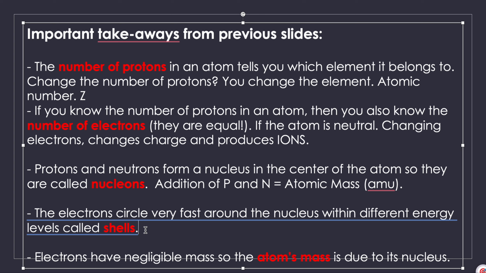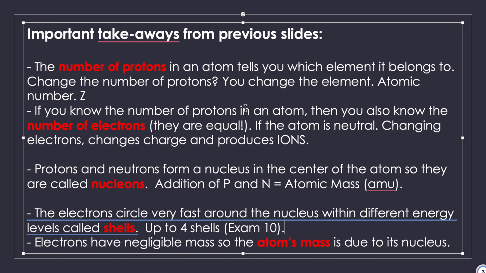For this course, we will be discussing only up to 4 shells, but this is just for the exam that you take in 10th grade. Eventually, you're going to see that there are many more, and we're going to discuss the multiple energy levels. As we said, the electrons have negligible mass, so the atomic mass is due to the nucleus.